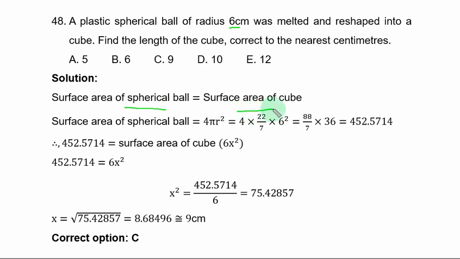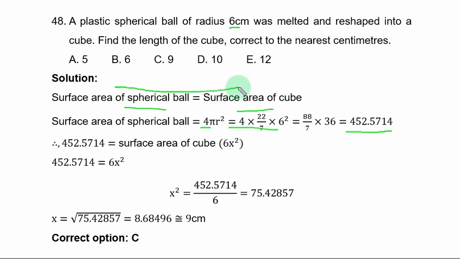From the given information, we can get the surface area of the spherical ball. You equate it to the surface area of cube so that the length of the cube can be obtained. So surface area of a spherical ball is 4 pi r squared. You have this result and this result.